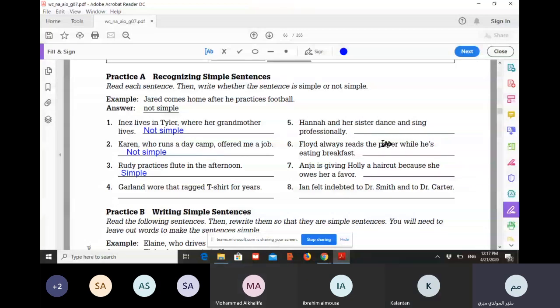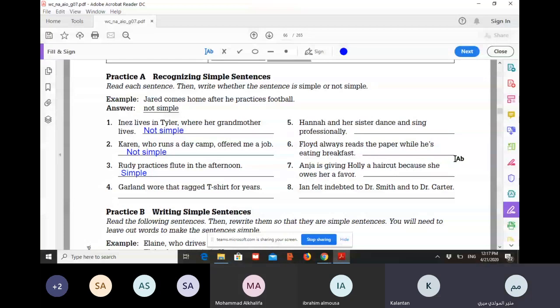Here we have a compound subject, that's right, and we have a compound verb, that's right. But the whole sentence is simple. Okay?